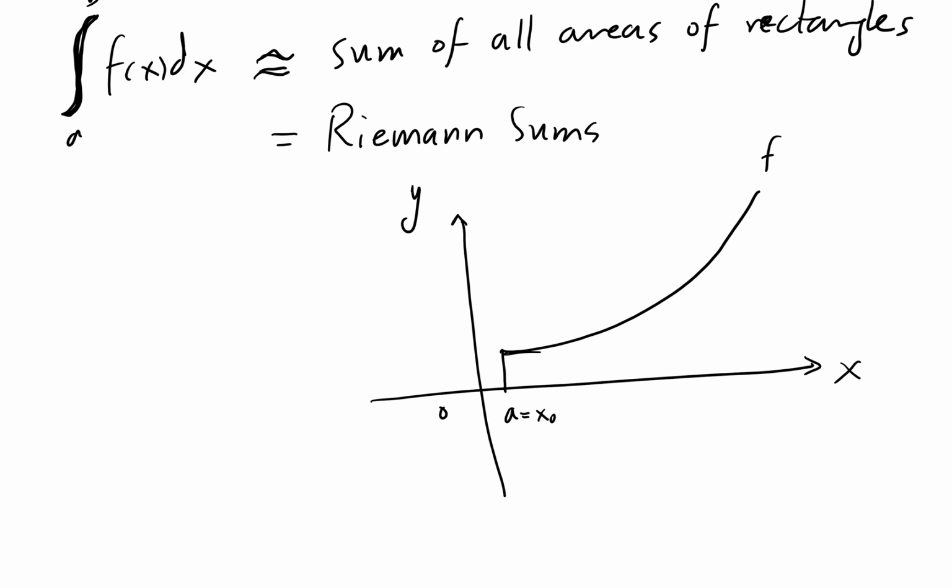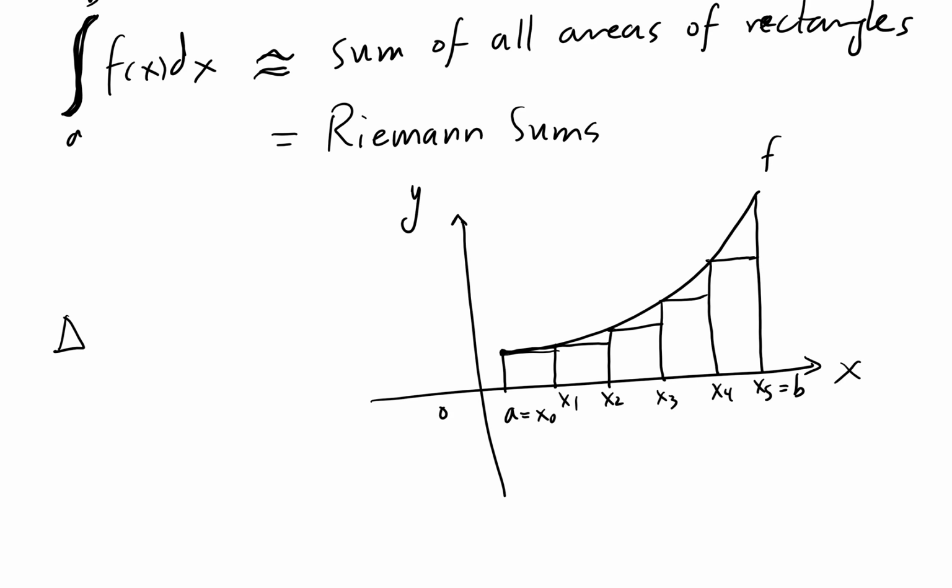And let's say you start on the left side and you draw a rectangle, another rectangle, another rectangle. So this is x1, this is x2, this is x3, x4, x5, and x5 here is B.